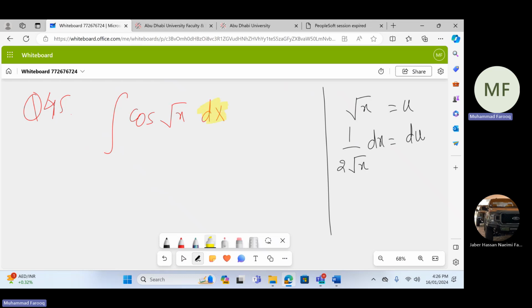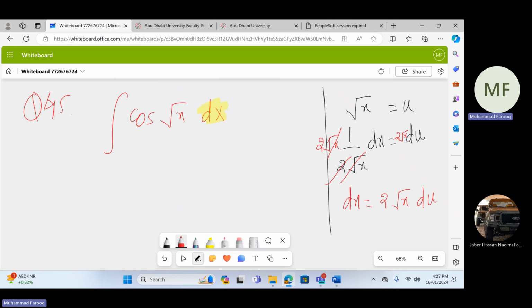It will be 2 square root x du. So I need only dx, which means I have to multiply both sides by root x. So this cancels out, and dx is equal to 2 times root x du.